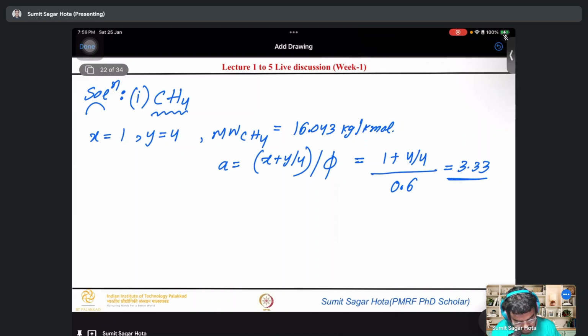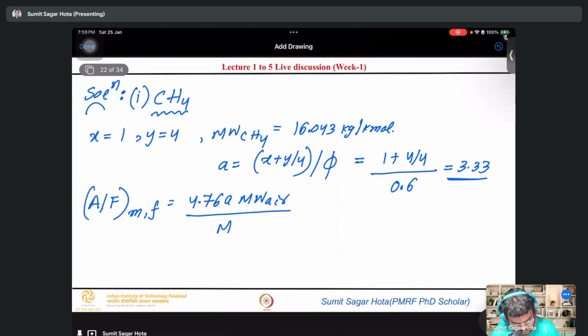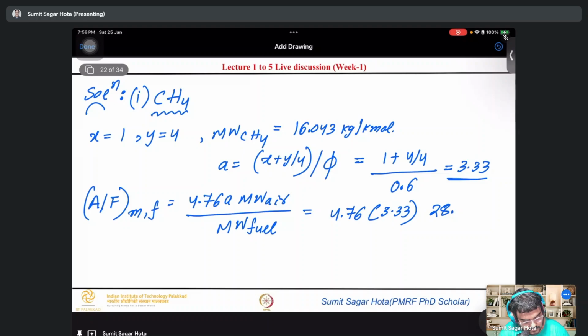So what is the formula for air fuel ratio? So just solve it.